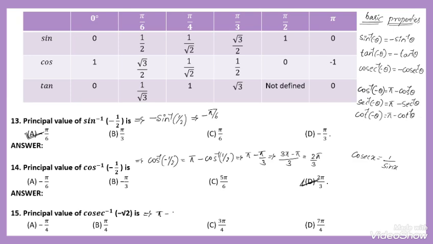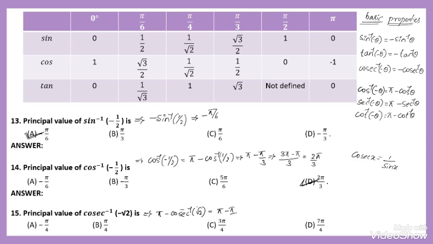Pi minus cosec inverse of root 2. What is the cosec inverse of root 2? Taking the inverse of 1 by root 2, it is root 2. Therefore, the cosec inverse of root 2 is pi by 4.